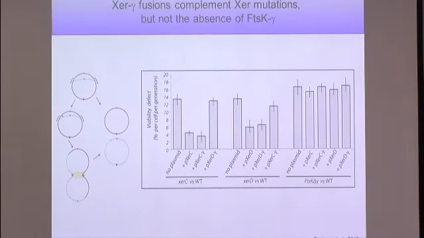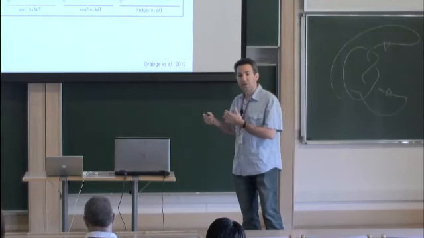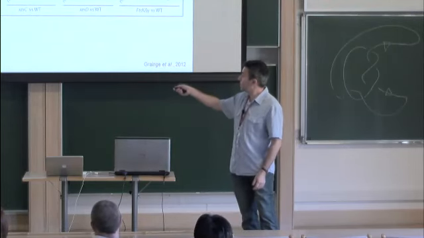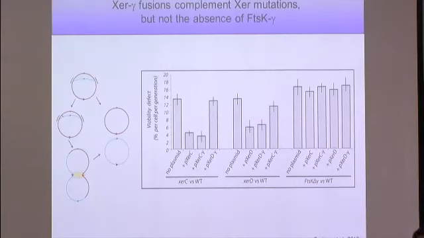Now normally, if you've got a Xer mutant or an FtsK mutant, about 17% of those cells, growing as they are, go through this dimer pathway, and without being able to resolve that dimer, they die. And so you get a fitness loss from being Xer minus. And you can use that as a way of seeing whether your protein is complementing that fitness loss.